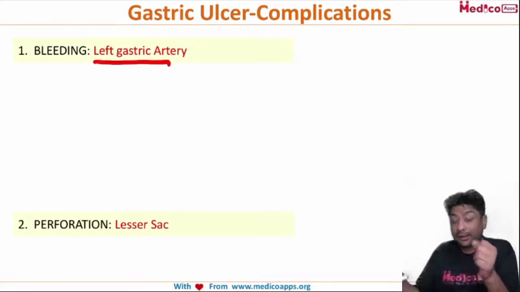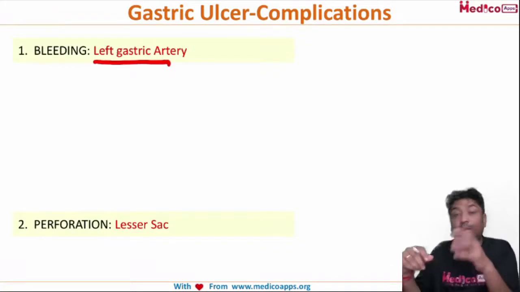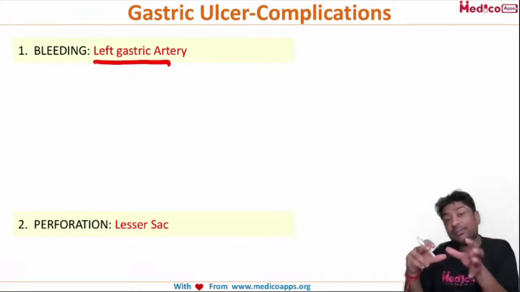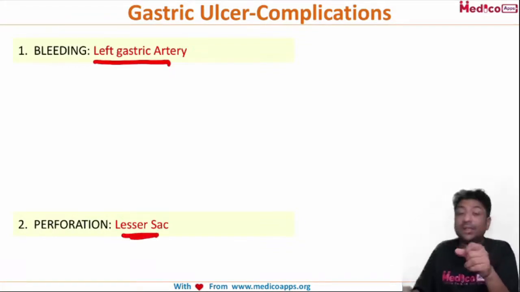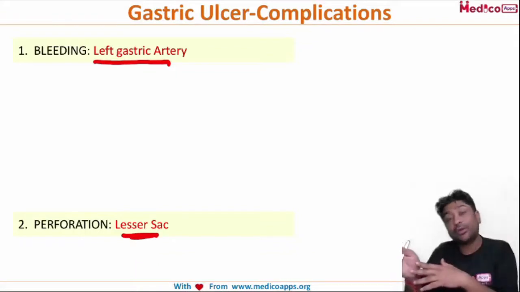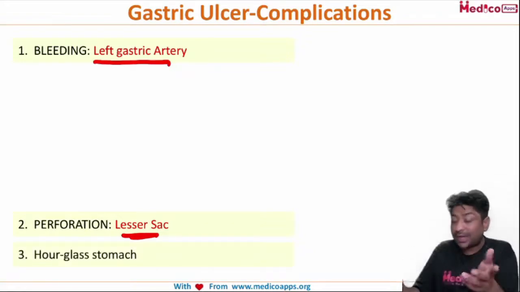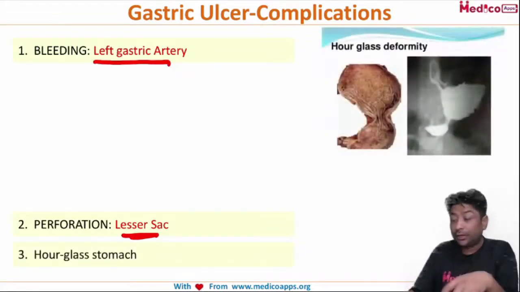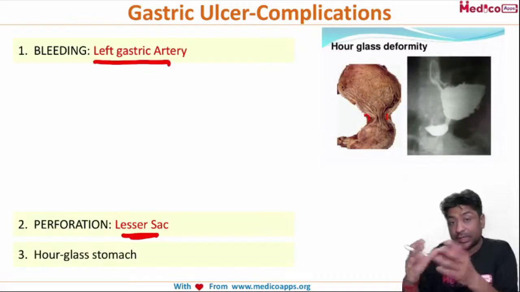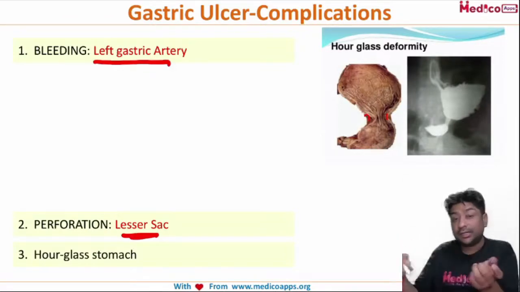Okay, and obviously it can perforate, but remember, all the gastric ulcers, if they perforate, they will perforate into the lesser sac. Whereas when we talk about duodenal ulcer, if they perforate, they will primarily perforate into the greater sac. Okay, you can also have hourglass stomach because of the formation of stricture. There can be an hourglass stomach typically seen in some of the gastric ulcer, at least old cases.